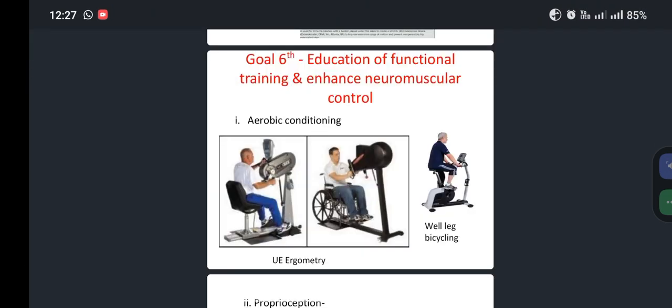The sixth goal for phase 1 is education of functional training and enhancing neuromuscular control of the knee and lower extremity. For this, aerobic conditioning of the upper extremity, that is upper extremity ergometry, can be given, and well leg bicycling can be given to enhance the functional training.